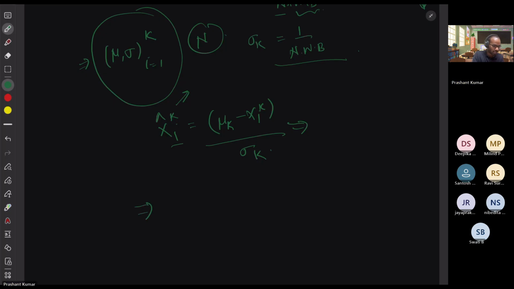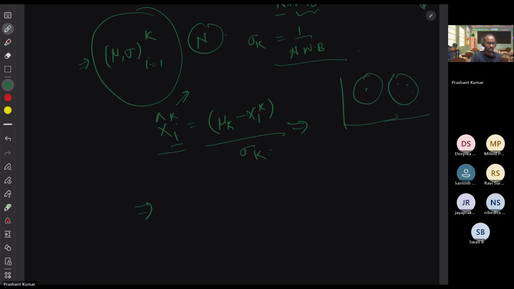However, this mu and sigma will change in each epoch, right? So the problem we were trying to solve has not been solved, because even though we are normalizing, this mu and sigma is different in each epoch, and hence this space will be shifting each time.